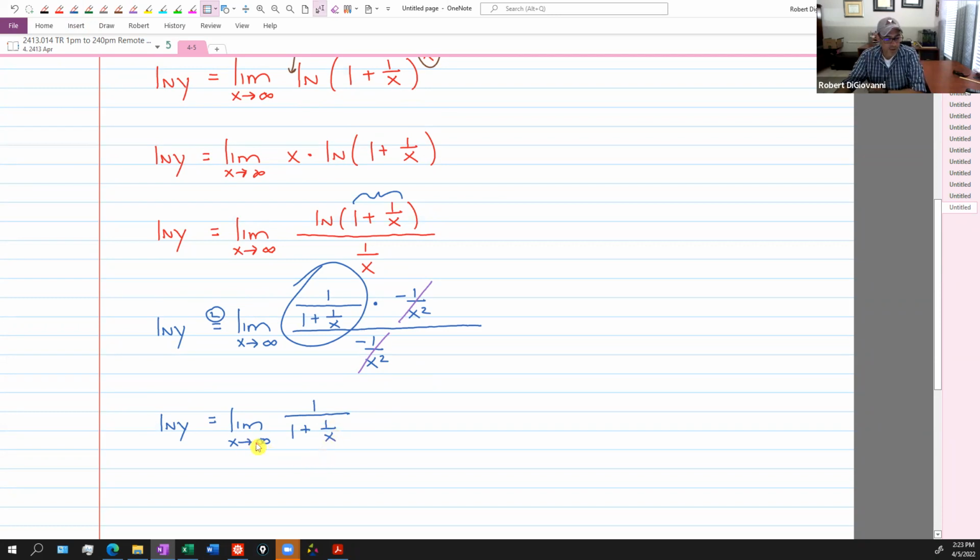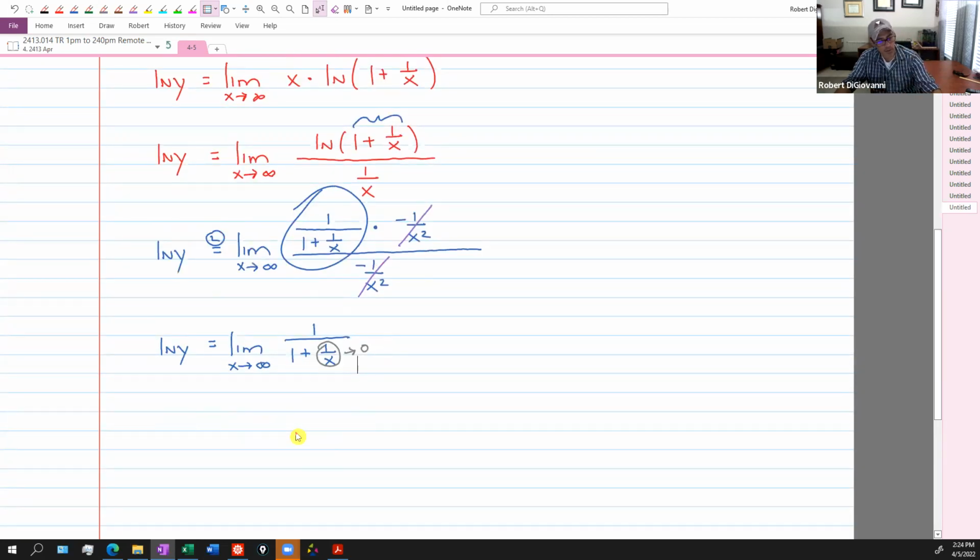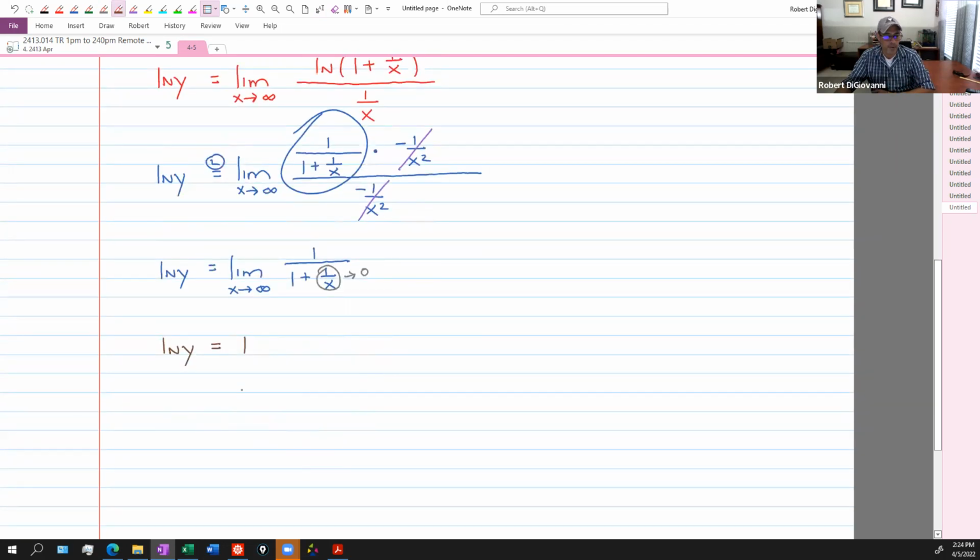If I let x go to infinity here, the only thing that happens is this piece goes to 0, right? So you're left with 1 on top and 1 on the bottom, 1 plus 0. So 1 over 1 is 1, isn't it? So we get the natural log of y equals 1. And now you want to get y, right?